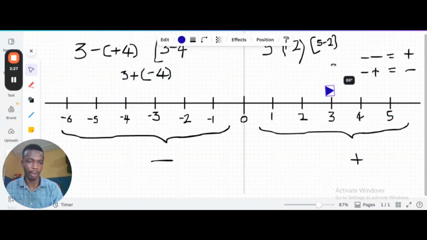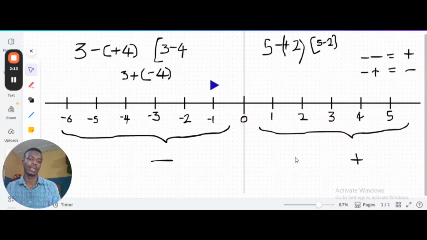Plus face the positive direction. Minus 4. Go back 4 times. 1, 2, 3, 4. So you see, you're actually subtracting. So where you have minus and plus together, whether the minus comes first or the plus comes first, you are going to minus, right? So you're going to have a minus.